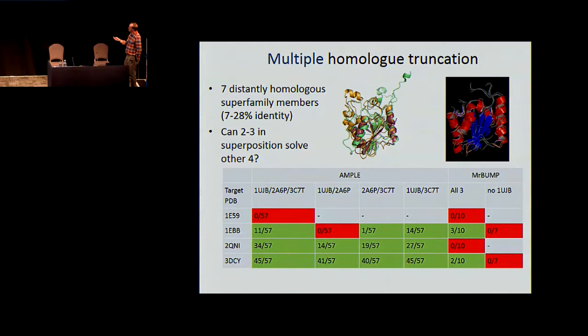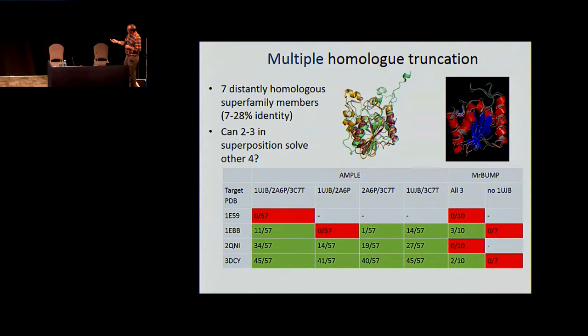We'll take superpositions of 2 or 3 and see if we can solve the other 4. And if I make this animation work, you'll see that AMPLE trims down from this common region, leaving us with the region at the end of this sheet, which is indeed where the catalytic site is, and therefore the most conserved part in that structure. So it seems to be working quite well.